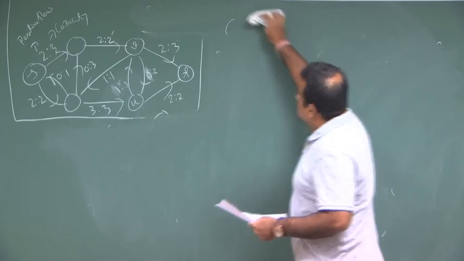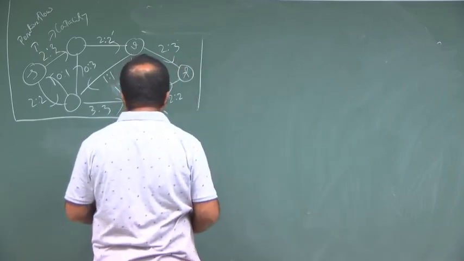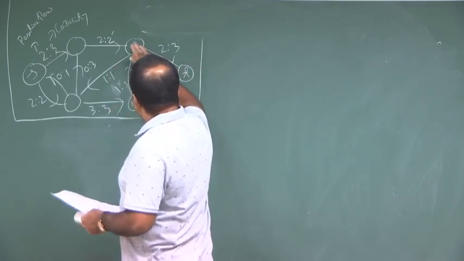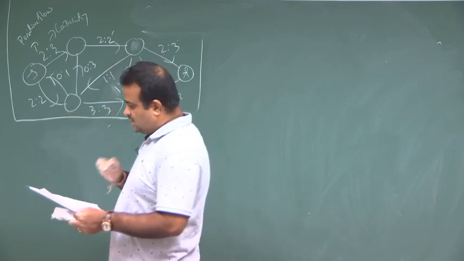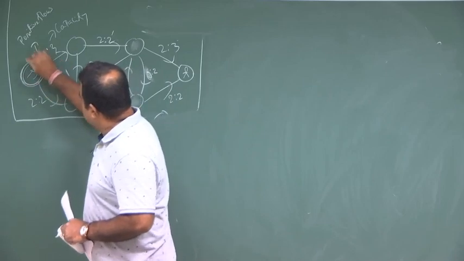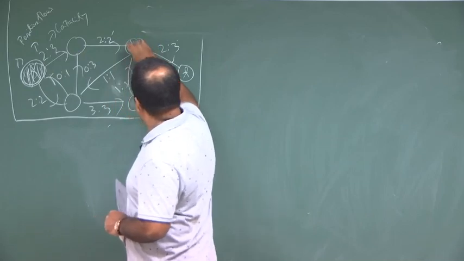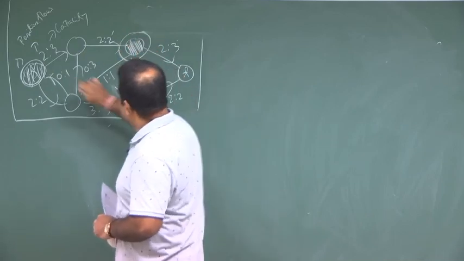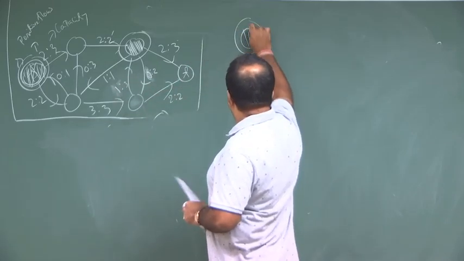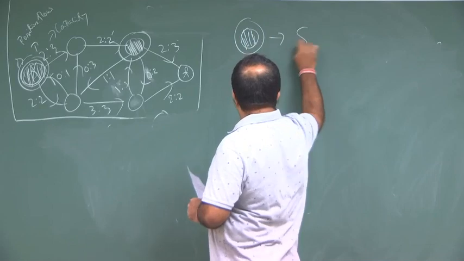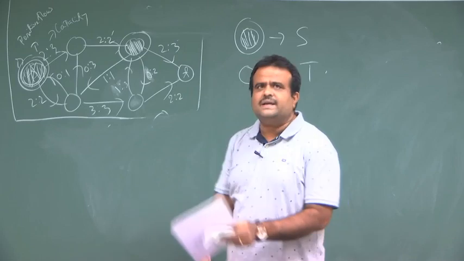Suppose this is our source, and suppose our S is basically these two vertices, these are in S, and the remaining vertices are all in T. We can take any cut.